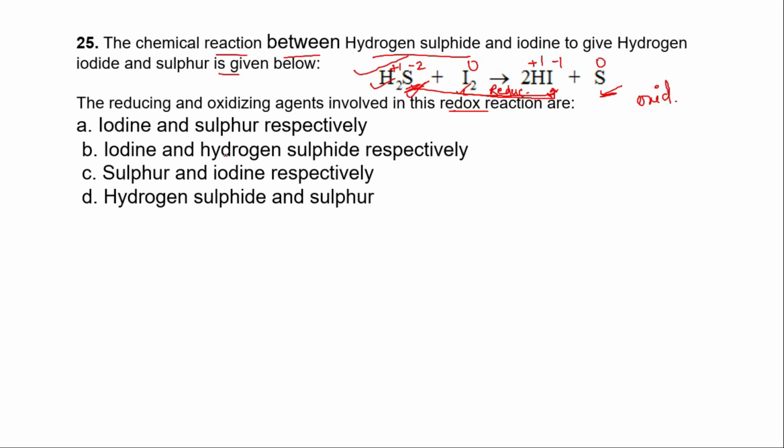Sulfur reducing agent, whereas iodine oxidizing agent. Clear? So iodine का क्या हुआ है? Reduction. So it should be an oxidizing agent. So the correct option should be your answer C. Is this clear? So this is how you are supposed to identify the correct option.